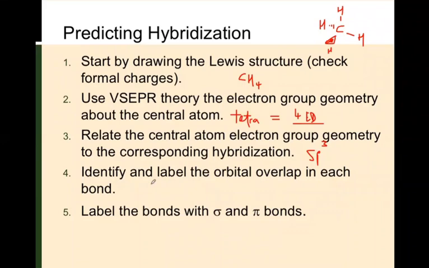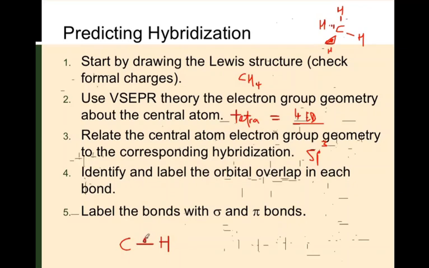Identify and label the orbital overlap in each bond. So we're just looking to see where the orbitals are overlapping, and then label the bonds as sigma and pi bonds. Obviously, single bonds are sigma bonds, which point along the internuclear axis. So in this methane molecule, we have a carbon-hydrogen bond.